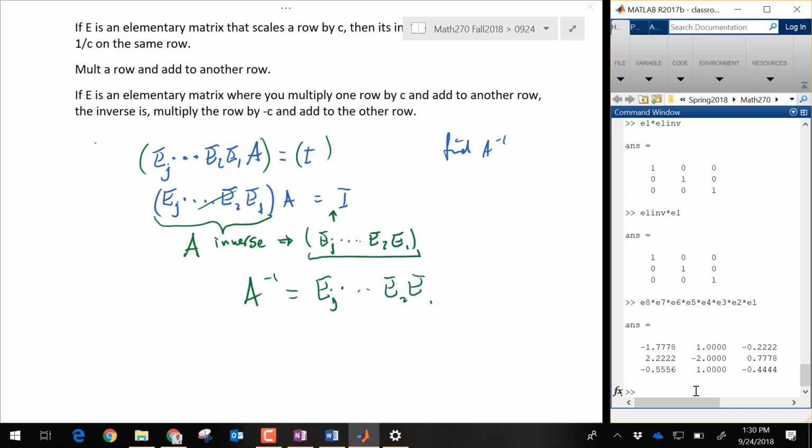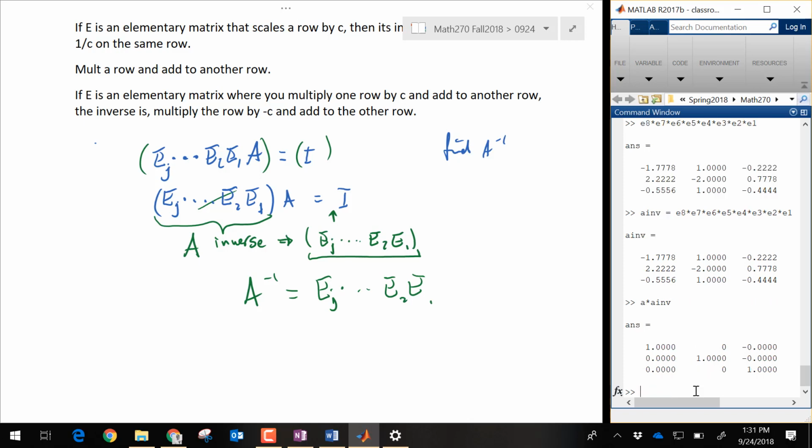If you press the up arrow, you get your previous command back. So I just press the up arrow, and I'll call this AINV equals that, so that I can refer to it, and then I can multiply A times AINV to give me the identity.